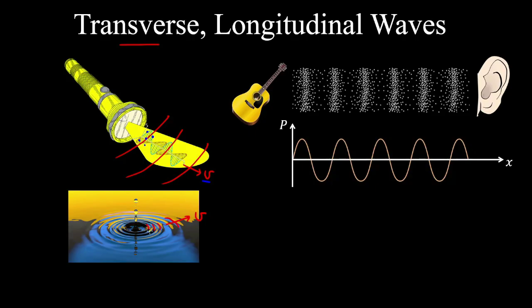At the crest of the wave, we have a water particle that's moved upwards, and at the trough, we have the water particle that's moved downwards. So these are examples of transverse waves, similar to the disturbance we saw in the string.